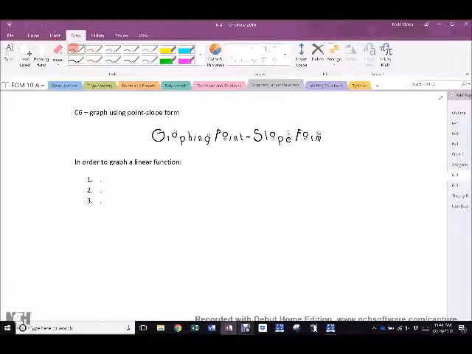So, in order to graph a linear function, you have been given, in grade 10, 2 new ways. In grade 9, you just use the table of values every time, most likely. In grade 10, I've given you 2 new ways to do that. One was x and y intercepts.